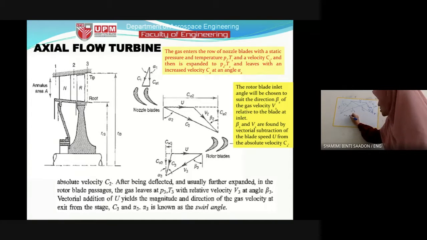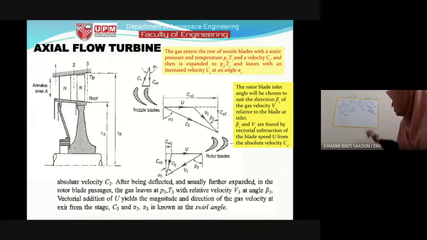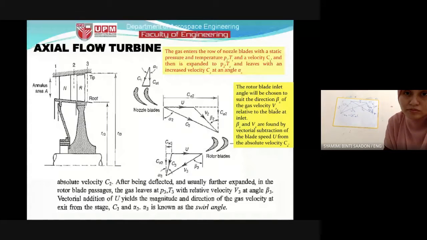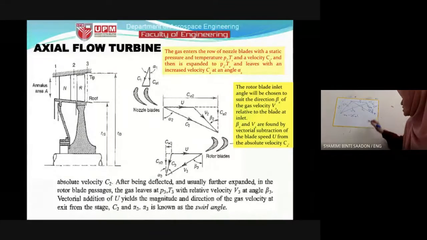So WS, the specific work just now, UCA. Another relation for this, tangent alpha 2 plus tangent alpha 3, UCA tangent alpha 2 plus tangent alpha 3.